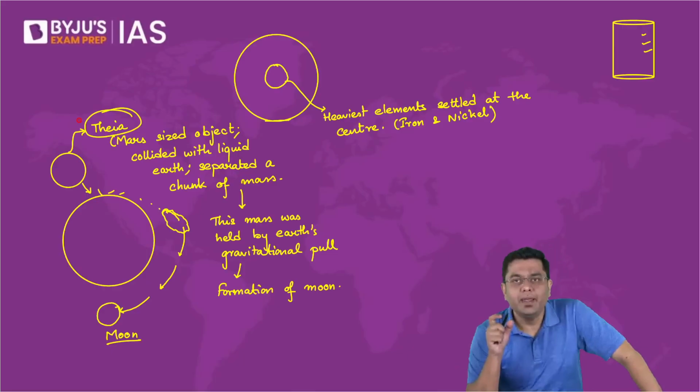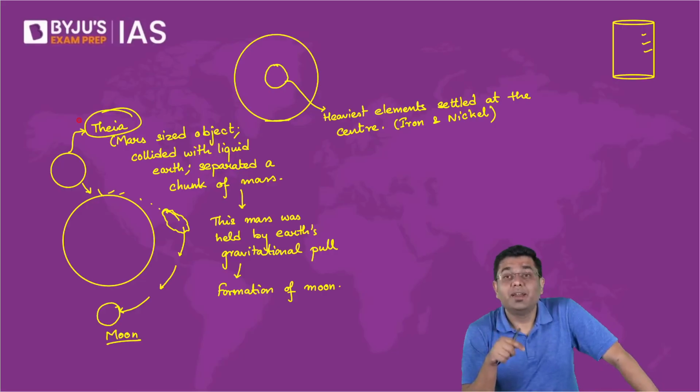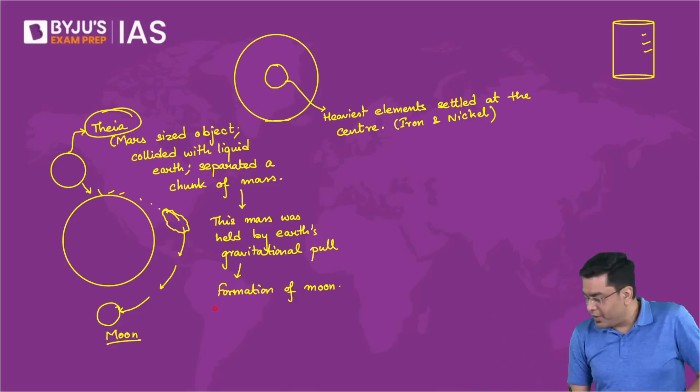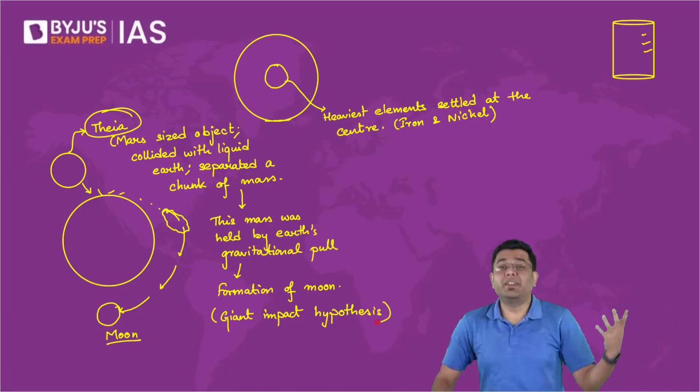That is why when you read the various theories about the formation of the moon, this is what is referred to as the giant impact hypothesis. Because obviously there was a very large impact.